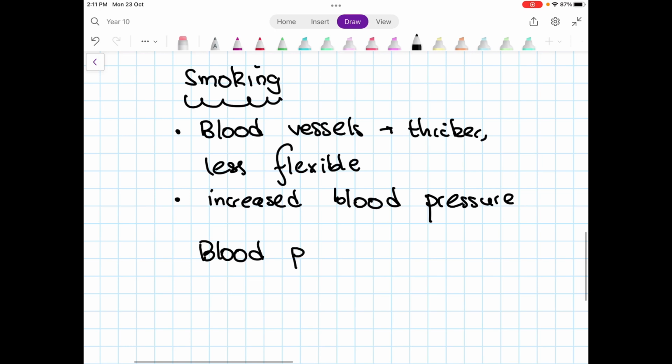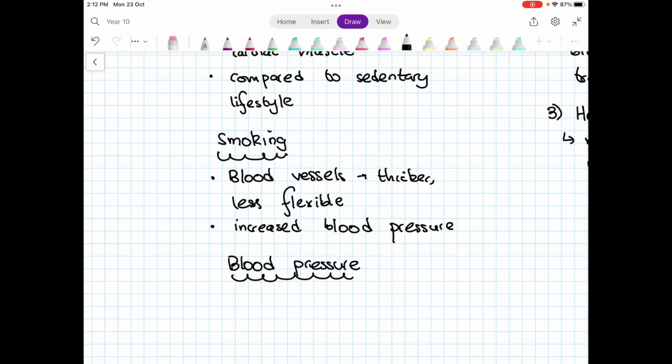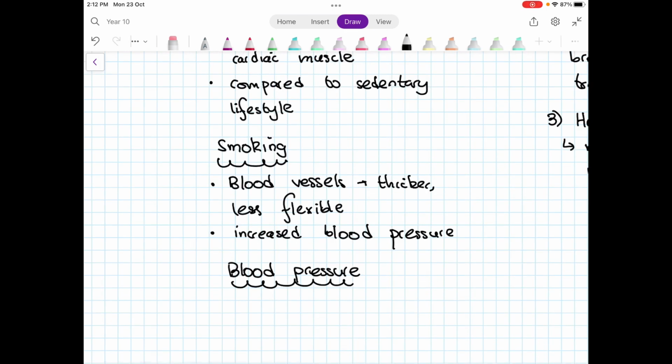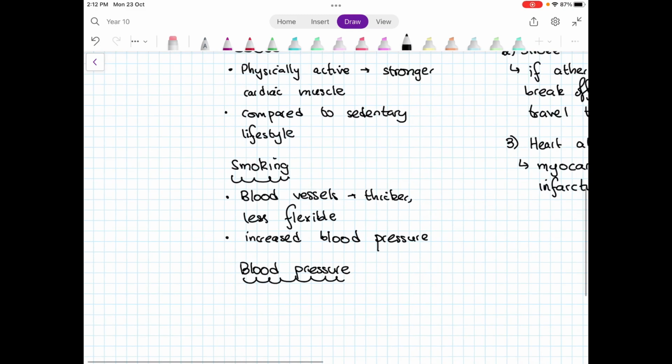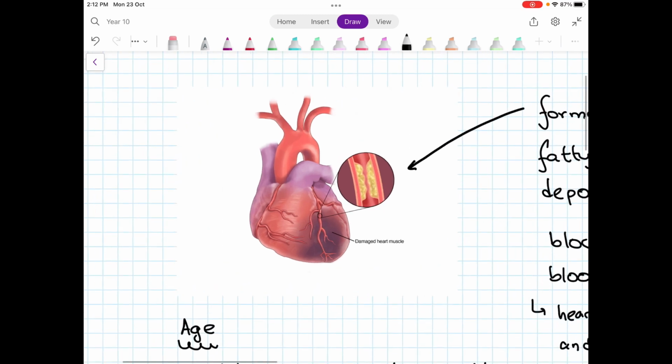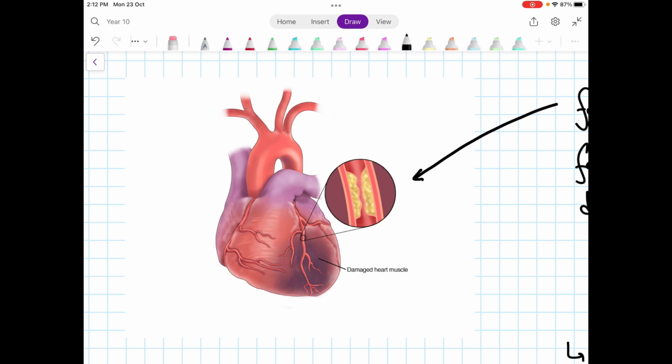So let's take a look at why increased blood pressure is a risk factor for coronary heart disease. So people who have higher blood pressure, and maybe this is a result of smoking or maybe it's not, but either way, what this higher blood pressure does is that it increases the risk of tears and lesions forming in the lining of blood vessels.